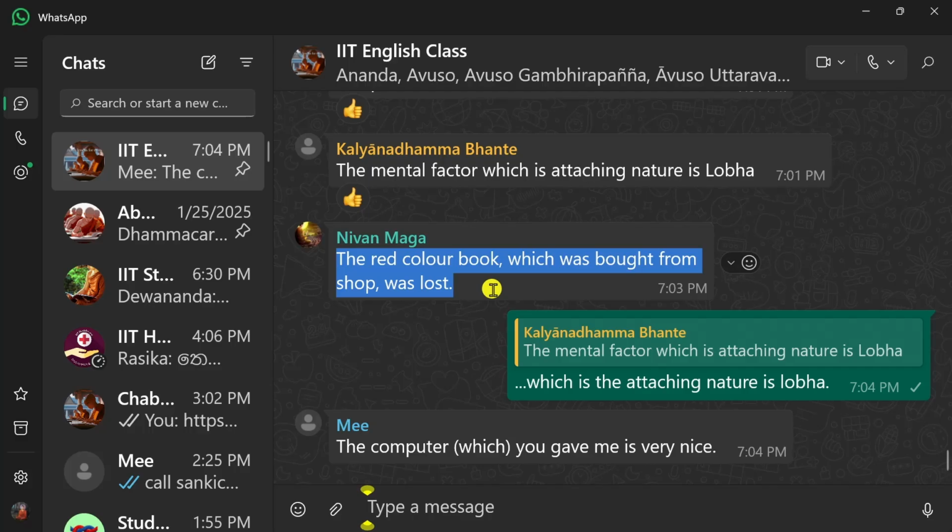Which was bought, which refers to book, which was bought. Here you could explain it as a subject. As a subject you cannot remove it.